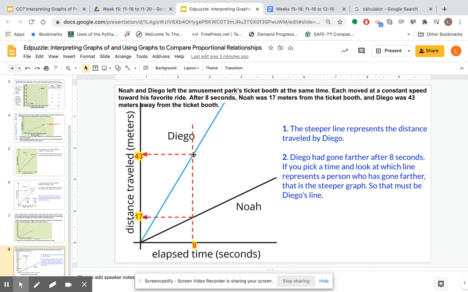I'd have to go a lot higher for that 8 seconds to get to Diego's distance traveled. And the further you go up on the distance traveled, the more distance that is being traveled. So right here, it's the same spot, 8 seconds, but Diego has traveled further, okay? So Diego had gone further after 8 seconds, and if you pick a time and look at which line represents a person who's gone farther, that's the steeper graph. So that has to be Diego's line.